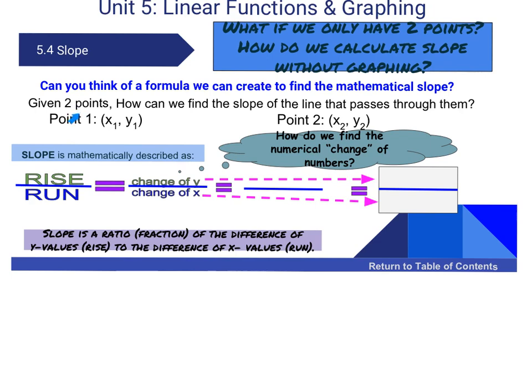Point 1, you will see written as a point at 2, 5. Point 2, another point. These numbers down below are called subscripts. They're not exponents. x1, y1 is symbolic of the x value for your first point. y1 is symbolic for your y value of your first point. So what does x2 mean?